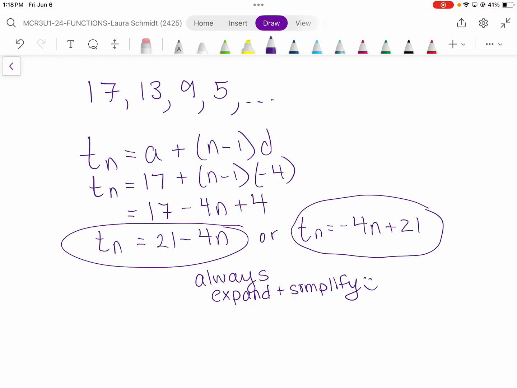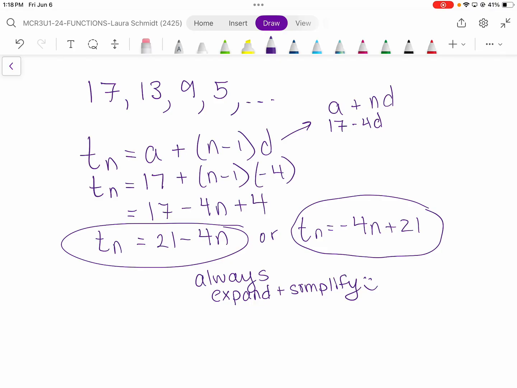So when you put in n equals 1, you're actually getting the first term instead of the second term. Does that make sense? If you didn't put in the n minus 1, like if you had n times d, then you'd end up with 17 minus 4d.